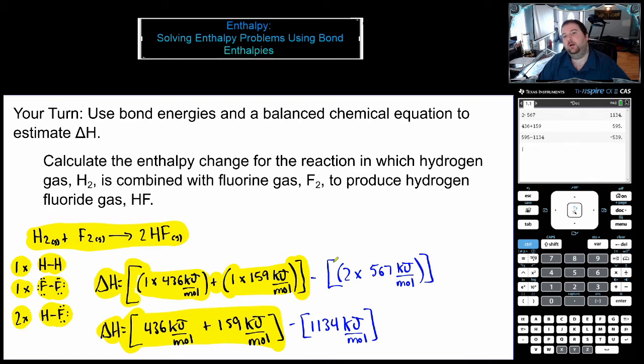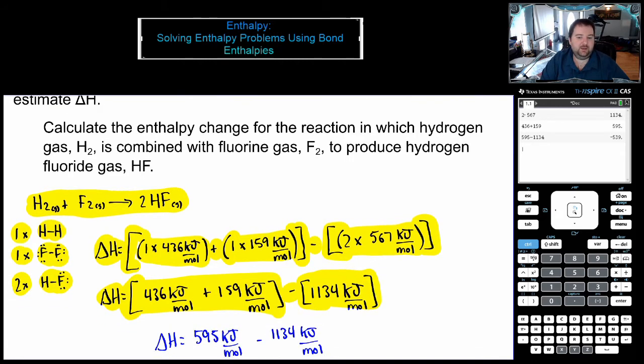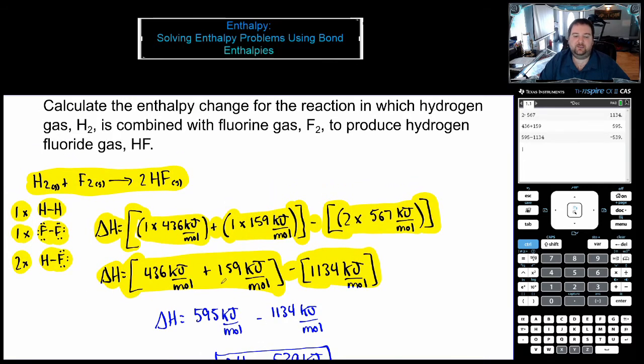On the product side, we have 2 bonds that need to be formed. And so these HF bonds have a bond dissociation energy of 567 kilojoules. And of course, 2 times 567, if you look in the calculator, is 1134 kilojoules. So that's 1134 kilojoules per mole. Now you're just going to start to add them together, right?